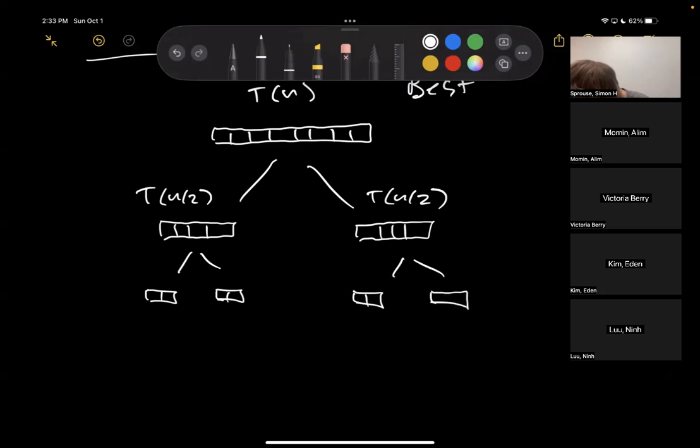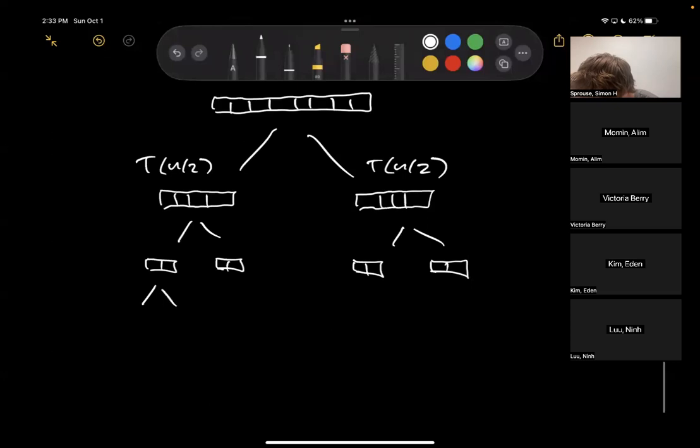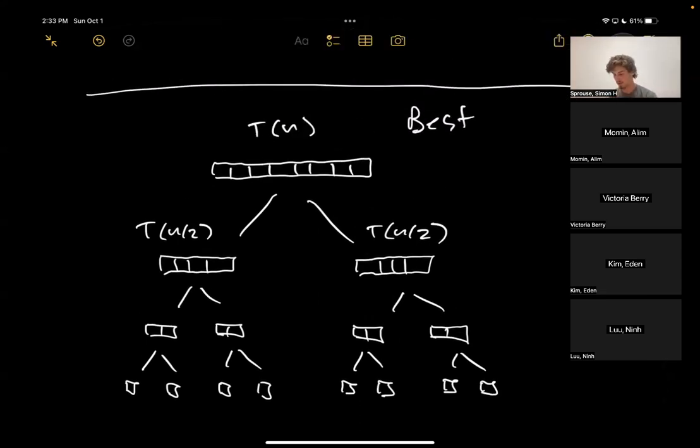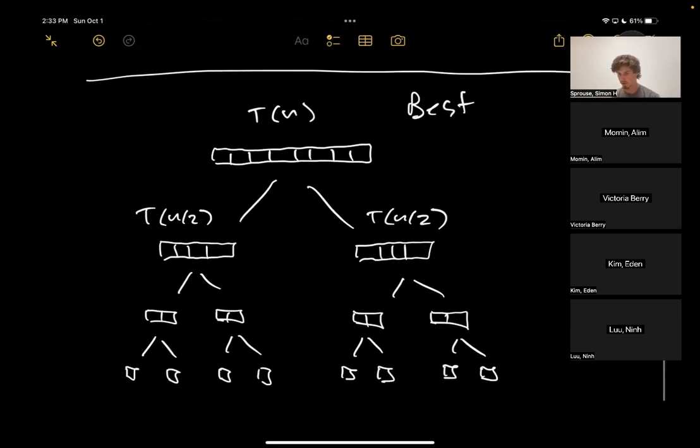And this is the ideal pivot point. If we continue to guess the best possible pivot point over and over again, eventually we're going to reach the base case in which we have lists of 1. Remember, the whole idea here is that we're trying to reach lists of 1, because lists of 1 are always sorted by definition. So this is going to be T of n over 4. This will be T of n over 8.